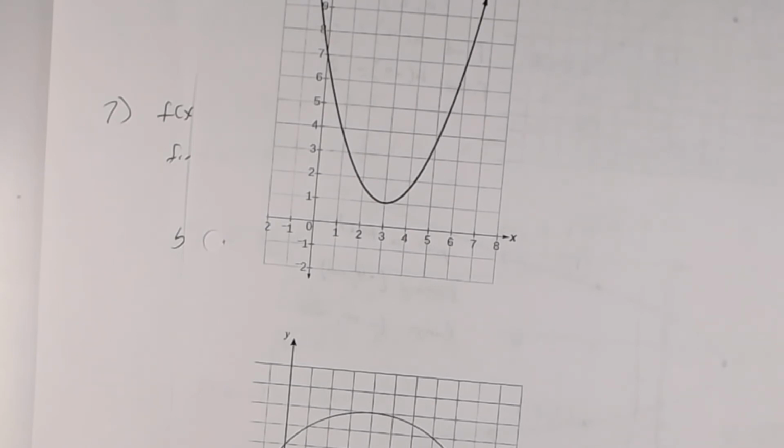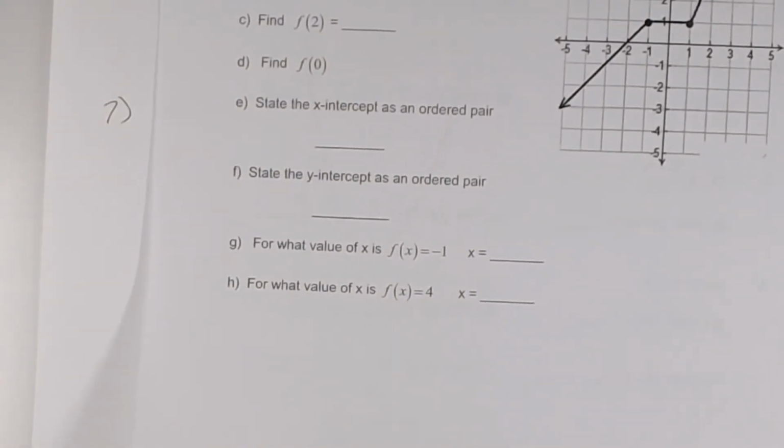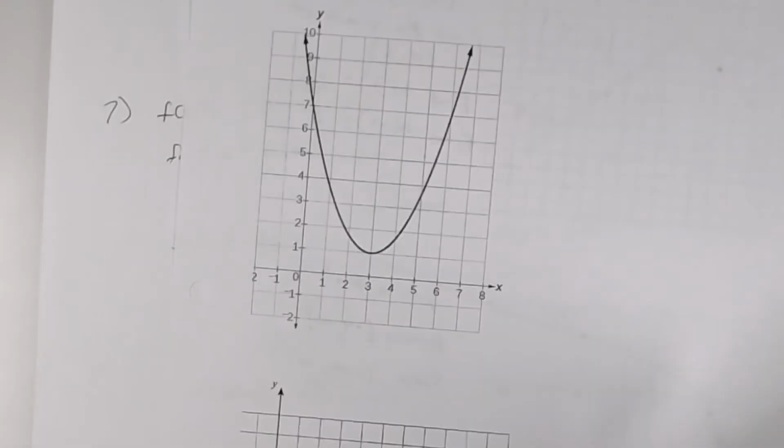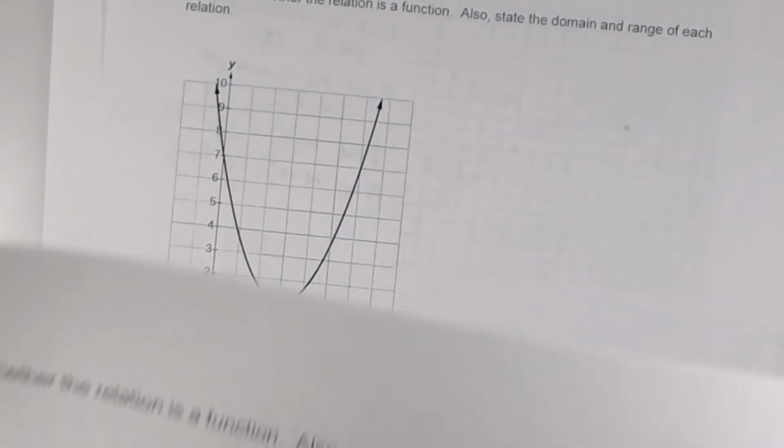Look at the first one. So I'm going to do something like G and H with number 1. So let's go back to this one. And so here's the idea.